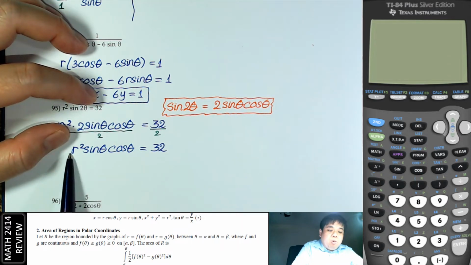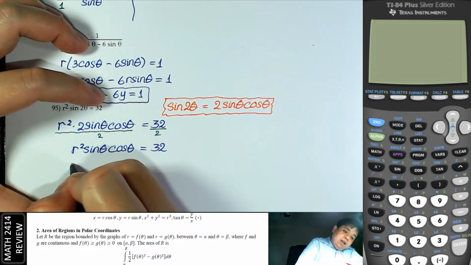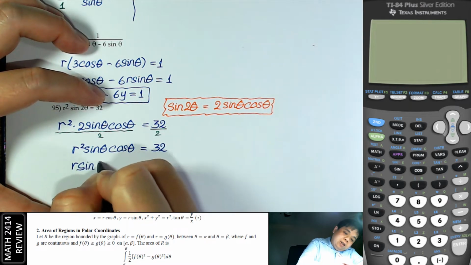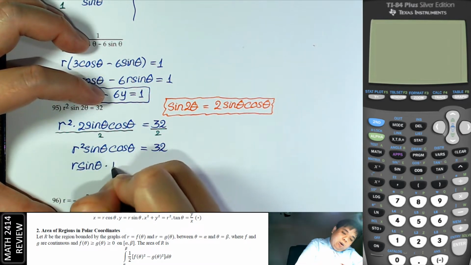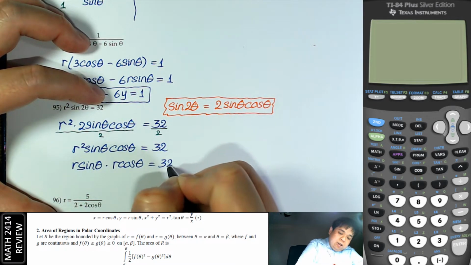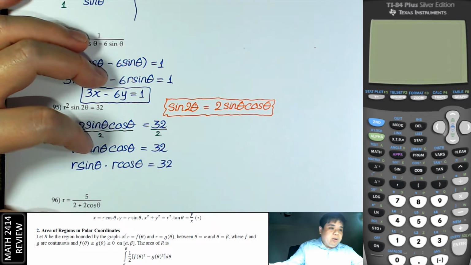If we keep one r with sine, one r with cosine, so that the r square is one going with sine and one going with cosine. Of course we divide by 2.